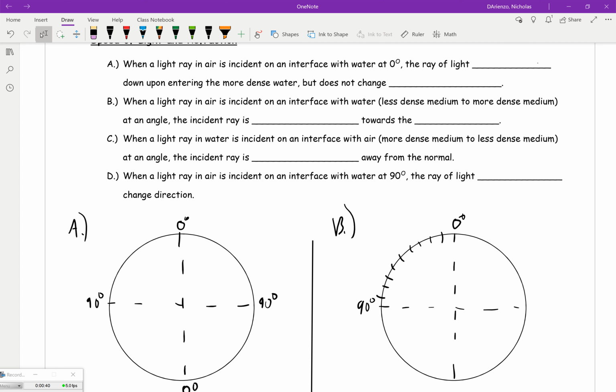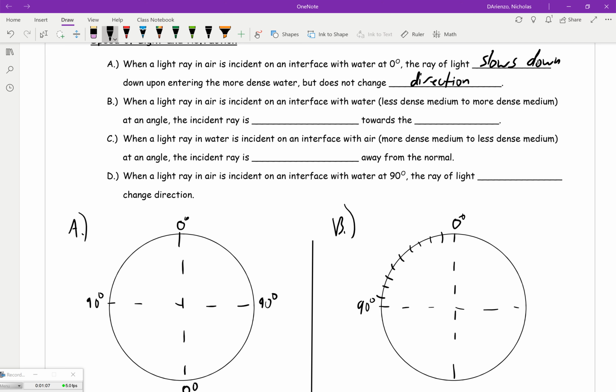So if a light ray in air, so starting in that medium in air, is incident on an interface with water at 0 degrees, the ray of light is going to slow down upon entering the more dense water, but it is not going to change direction.